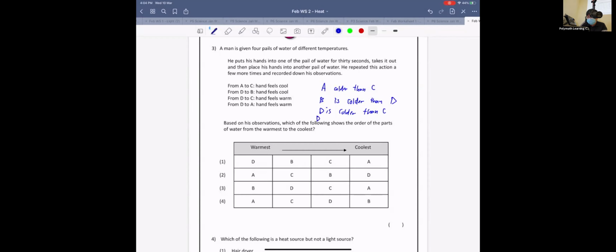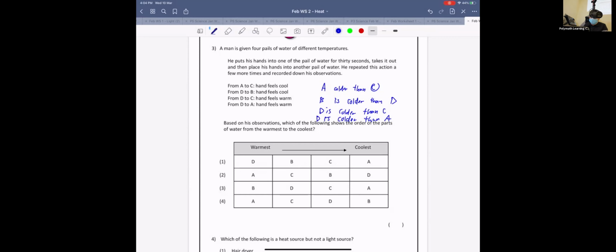That means D is colder than A. So the hottest is actually C. Strange. Let's check again. A to C, hands feel cool.